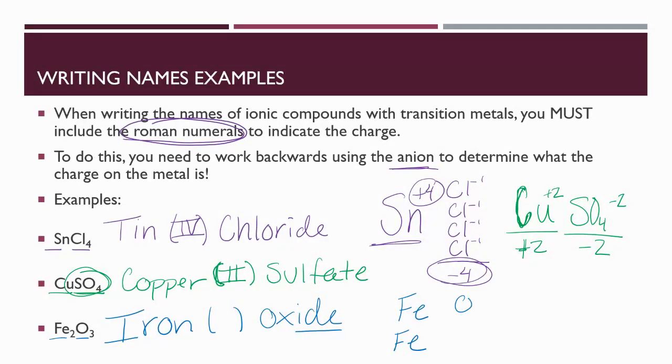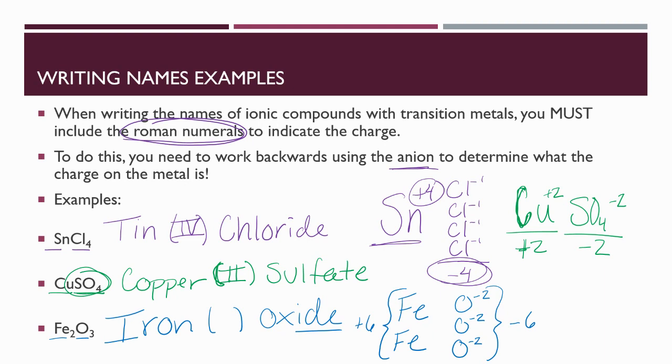2 irons, 3 oxygens. Each oxygen has to have a charge of -2, and I don't know what the charge on iron is. Since each of the oxygens is -2, the total negative charge is -6. So that means the total positive charge has to be +6.